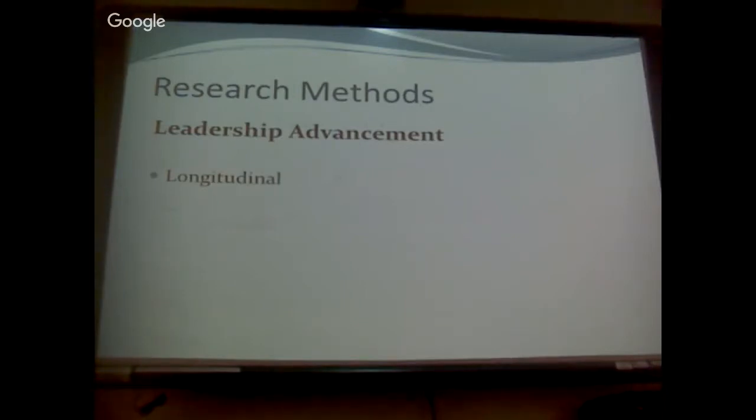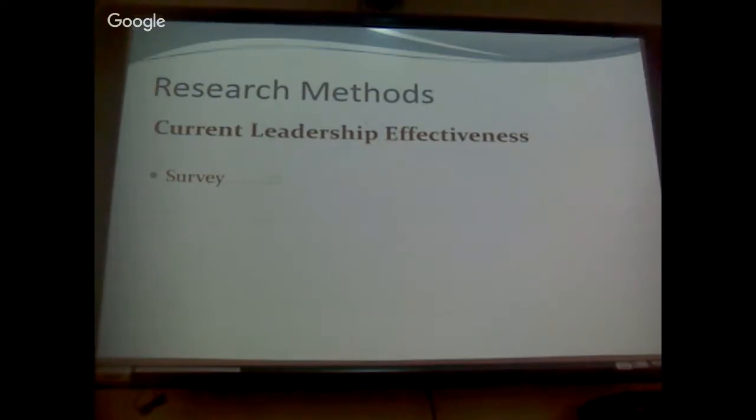So, research methods. Leadership advancement: a longitudinal look across time to see what happens, whether people are on a fast upward trajectory and their careers develop quickly, or whether they derail in the organizational work. Survey research: asking people what they're doing, what's happening.